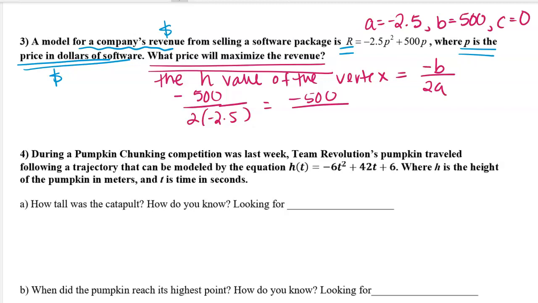Positive or negative? Negative. Okay. And what's negative 500 divided by negative 5? 100. Great. What is the unit of measurement? Dollars. Yes, good job. So the price would have to be $100 for this company to maximize its revenue.